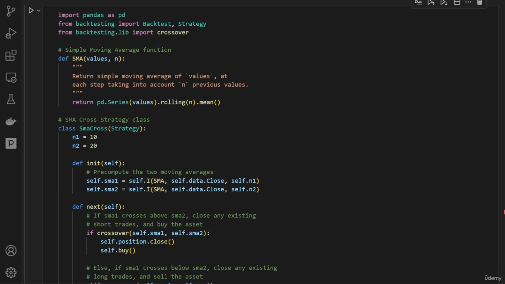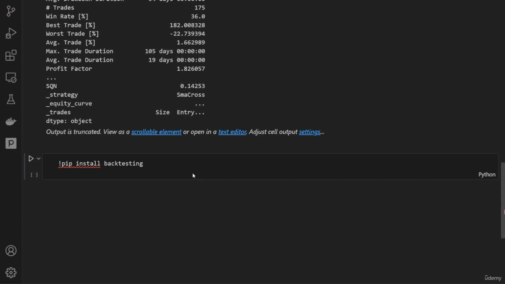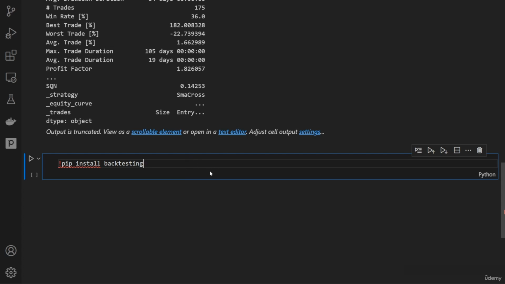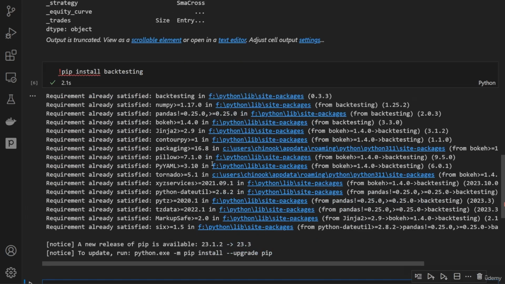The first step is to install the backtesting.py library. You can install it using pip. If you are using a Jupyter Notebook, you can simply type !pip install backtesting in one of the cells. When you run the cell, you will get the necessary files and it starts to download and install the backtesting library.